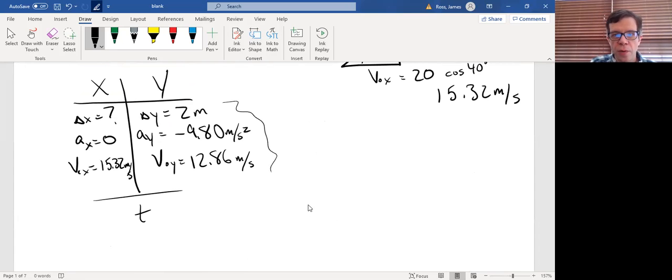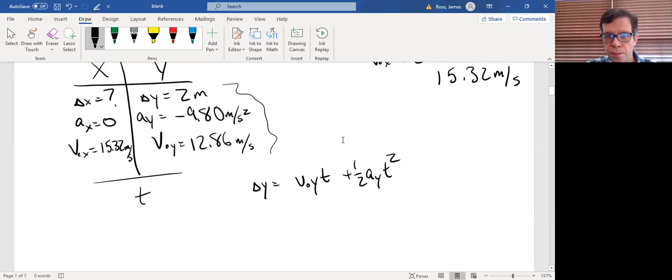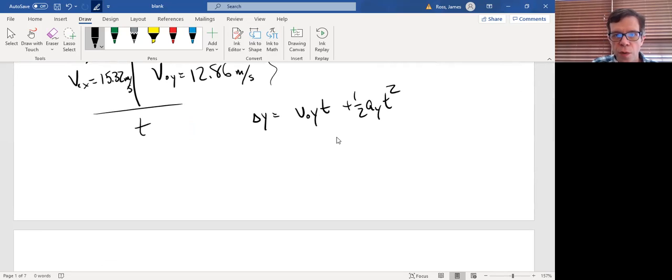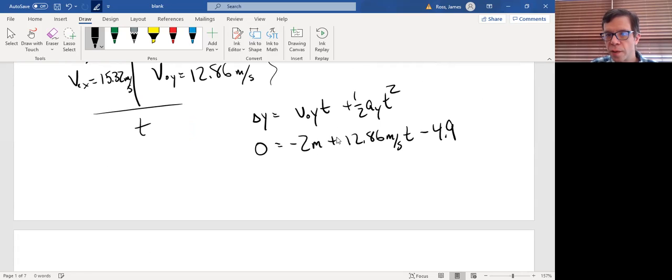This is another case where we know more information about y, so we're going to use that to find time. So delta y is v naught y times t plus 1/2 a_y t squared. So bring delta y to the other side and we'll get minus 2 meters plus 12.86 meters per second times t minus 4.9 meters per second squared times t squared.